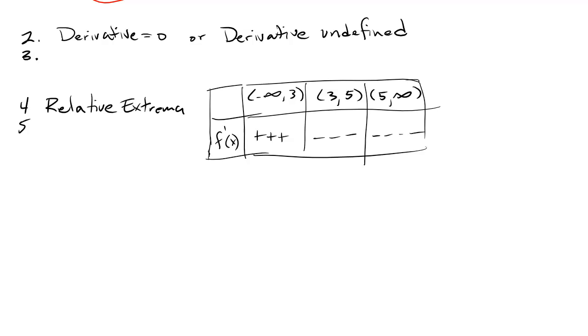Jack McManus, if I gave you this table, do you think you could tell me if this function had any relative extrema? So that's exactly what you're supposed to do, correct. So does this one have one?